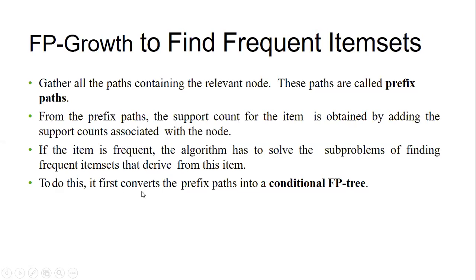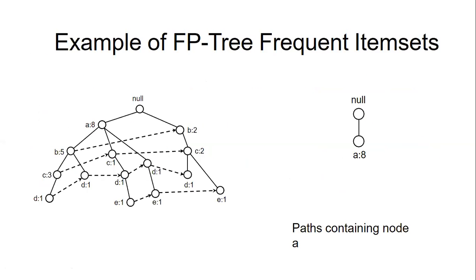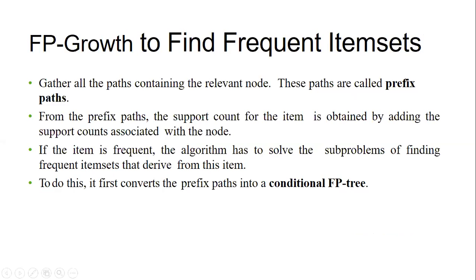To do this, it first converts the prefix path into a conditional FP tree. Next we are going to find the conditional FP tree node wise. So first we take the node E.